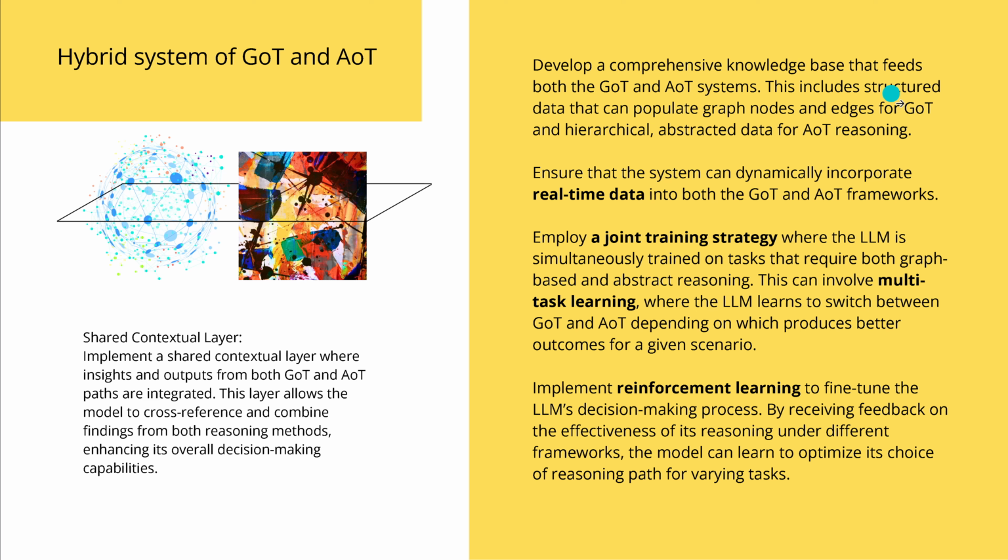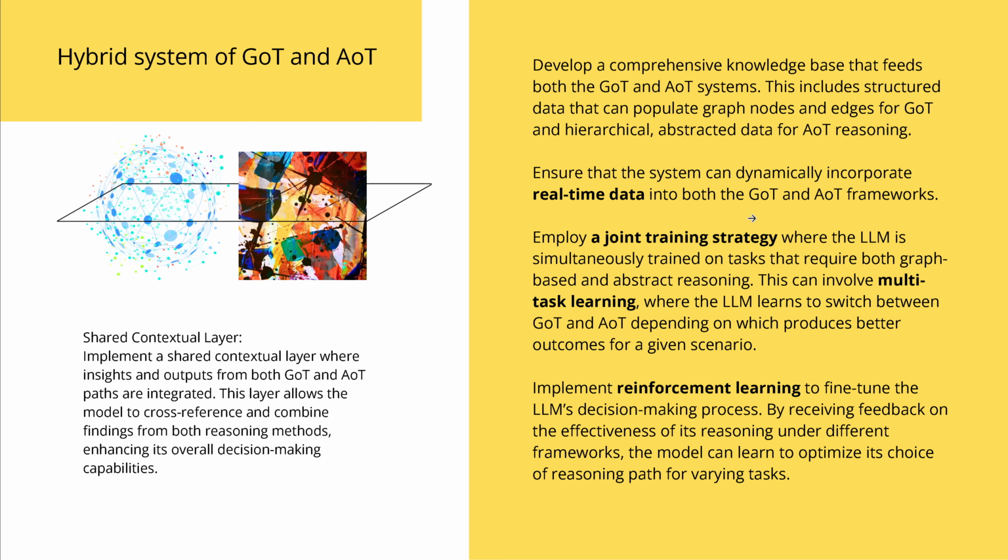This includes structured data, historic data, that can populate the graph nodes and edges for a GOT, and a hierarchical abstracted data representation that we need for the AOT reasoning. We have to ensure that the system is integrating with real-time data for both frameworks, and we have to somehow come up with a joint training strategy.